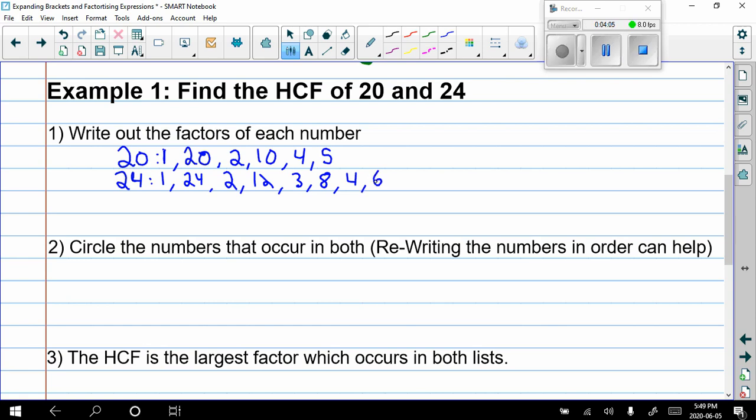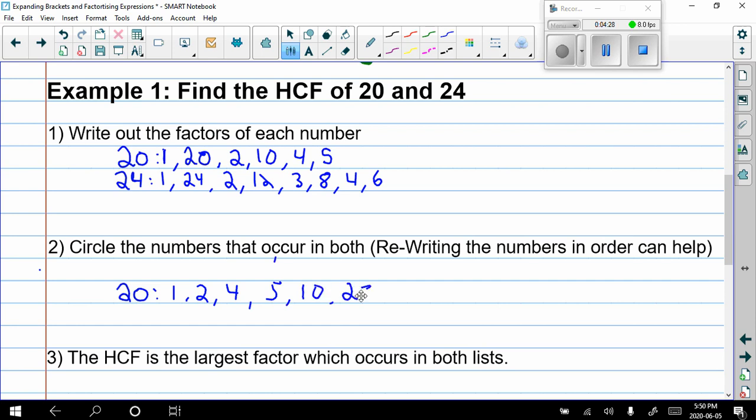But do you see why I said that we should organize them least to greatest? So I'm going to do that under step 2 because that really does help me. So under 20, let's organize it: 1, 2, 4, 5, 10, and 20.